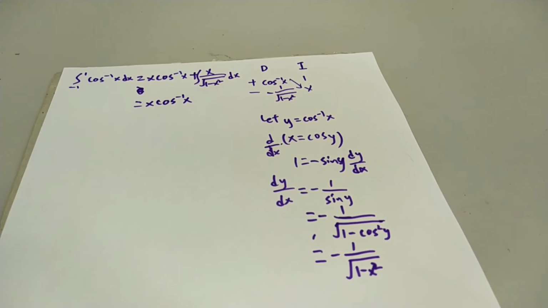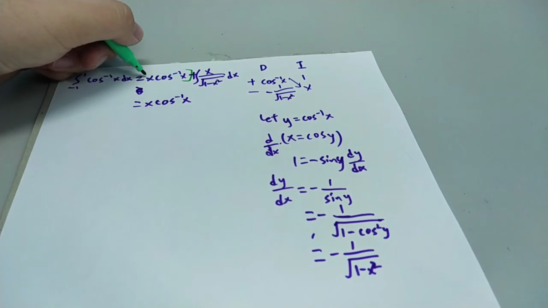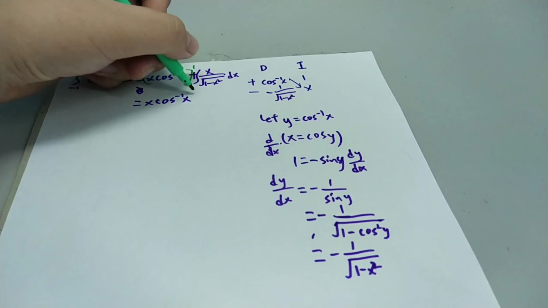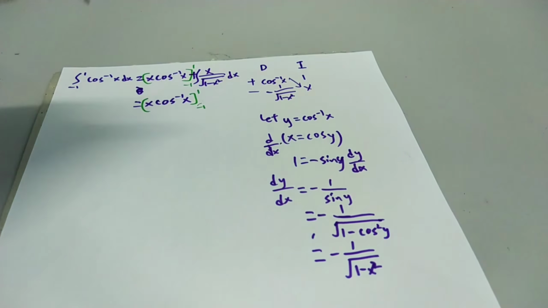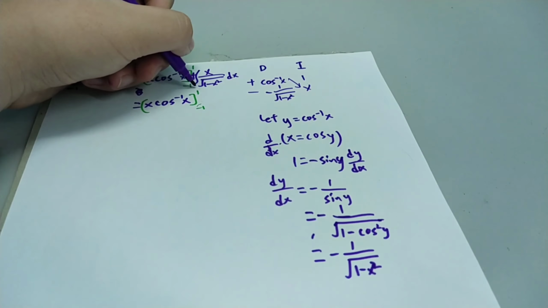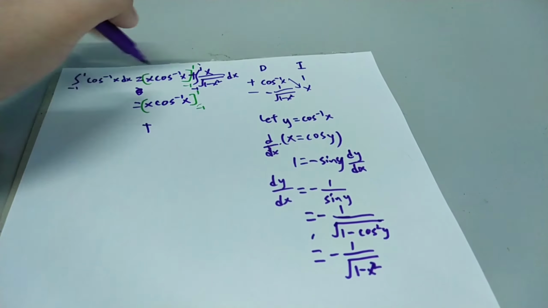Because we are dealing with a definite integral, we have to put the lower limit and upper limit. So now we are solving this integral, so I will add the integral of this.